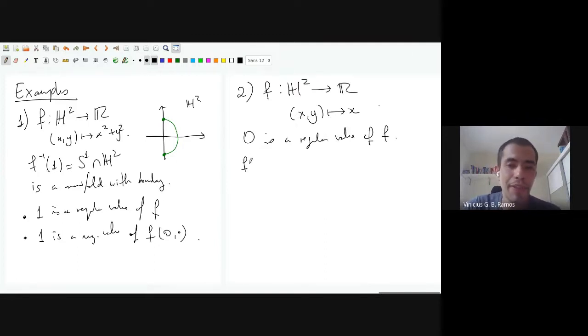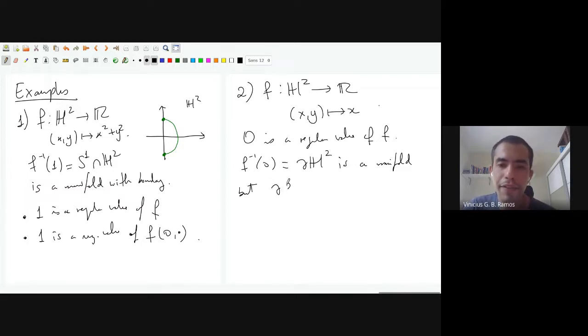But then when you look at the pre-image of 0, that actually is the whole boundary of H2. So, I mean, this actually is a manifold.